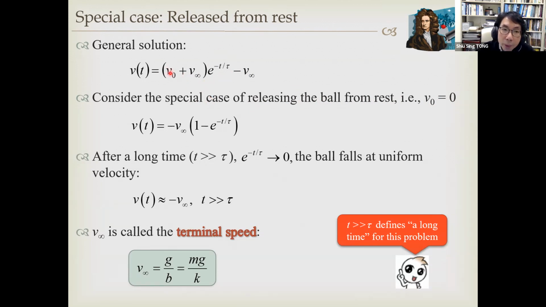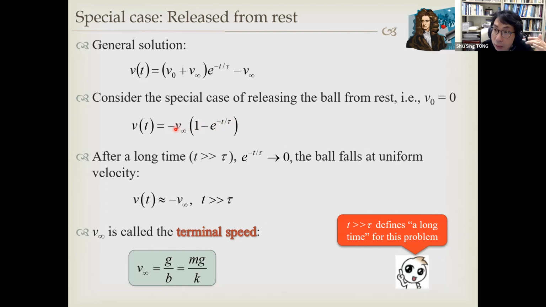Now, if you put v naught equal to 0, we can extract a factor of v infinity. We also extract the minus sign, and so the two terms in the bracket become 1 minus e to the power minus t over tau. Now, what will happen? Initially, the velocity is 0. You can see, when I put t equal to 0, this is 1, and 1 minus 1 is 0. So we have 0 initial velocity. And then the velocity increases with time because this exponential factor will decrease with time.